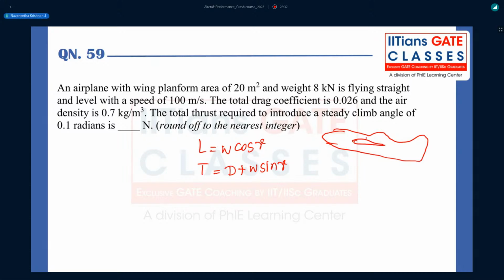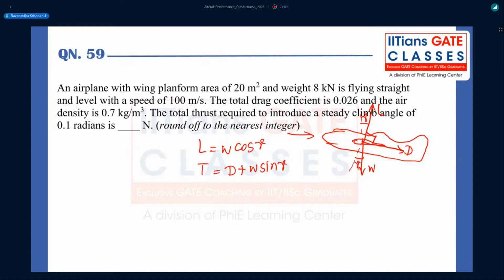Lift will always be perpendicular to the free stream velocity. The free stream velocity is like this, and this is your gamma angle. Weight is perpendicularly downward. Drag will be perpendicular to lift. So this also will be gamma.